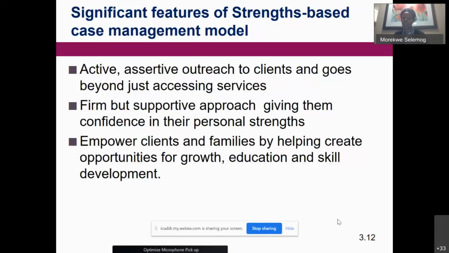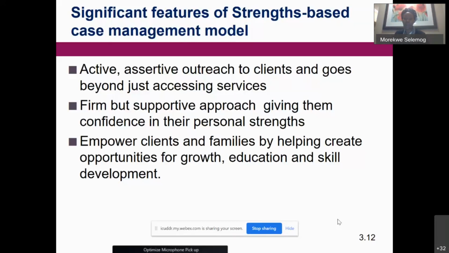The supportive approach they give to clients provides a platform for building confidence in a client. And there are different ways in which our case managers can build confidence by providing this supportive approach. One of the things you can do is to provide encouragement, to reinforce the things that a client does not necessarily see as strengths.